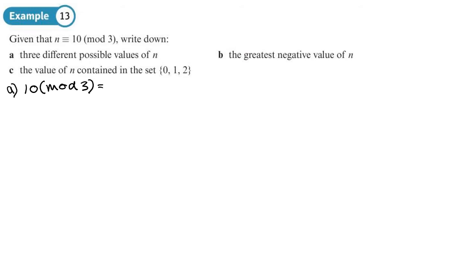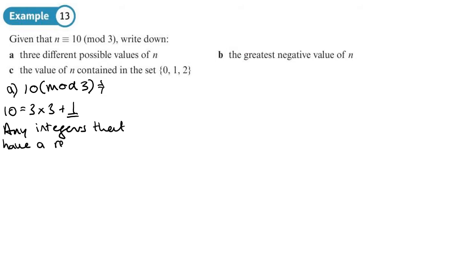Well, 10 is equal to 3 times 3 plus 1, so that's a remainder of 1. So we can write down any other numbers which have a remainder of 1 when we divide them by 3. So any integers that have a remainder of 1 when divided by 3.